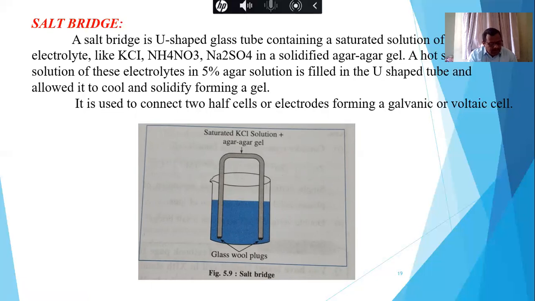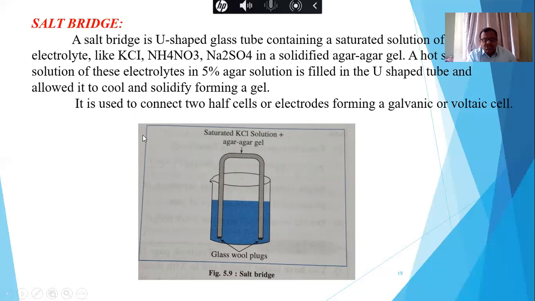A hot saturated solution of these electrolytes in 5% agar-agar solution is filled in this U-shaped glass tube, and it is allowed to cool and solidify, forming a gel.